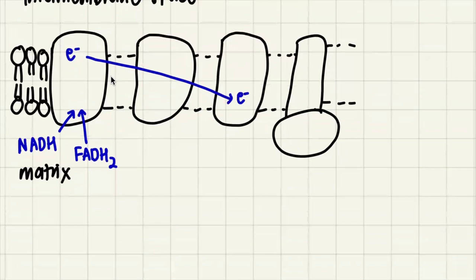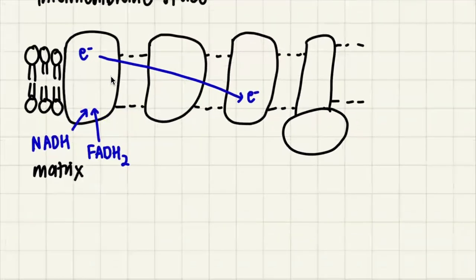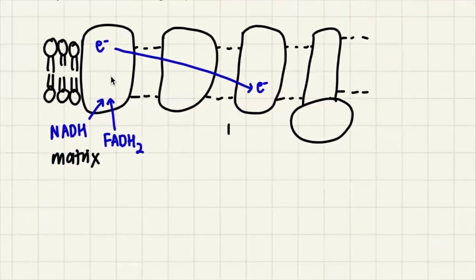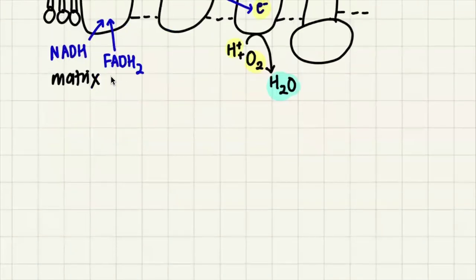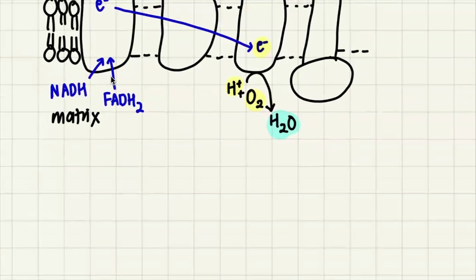So it's important that you know what is the final electron acceptor of oxidative phosphorylation, which is your oxygen. Okay, so your hydrogen plus oxygen and then your electron will give you water. So take note that oxygen is your final electron acceptor.